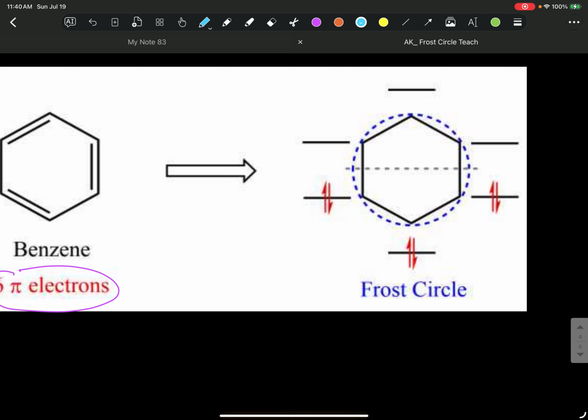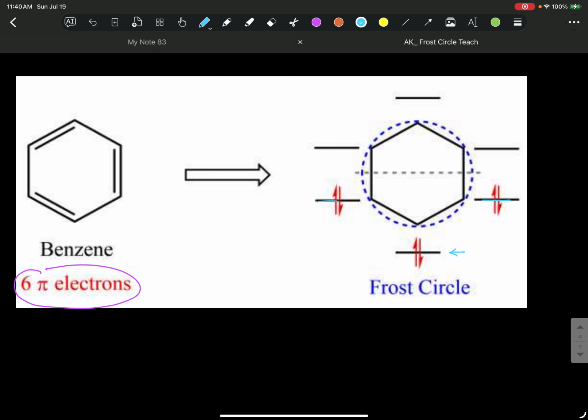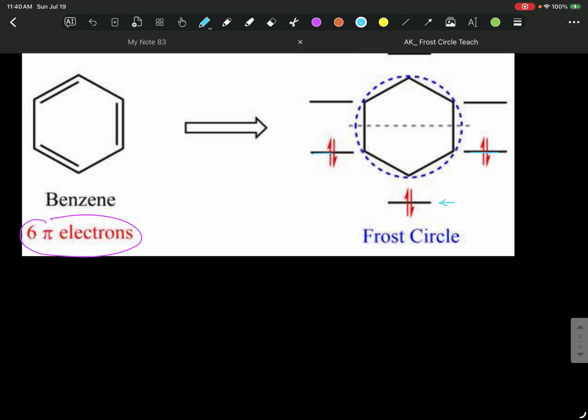You start with the lowest energy, the bottommost one, and then we have 2 orbitals at the same level, so you first fill them individually, and only if you have more electrons do you start pairing them. So in general, if you were to draw something here, let's say we are drawing.